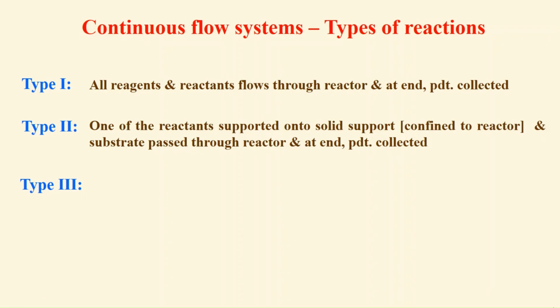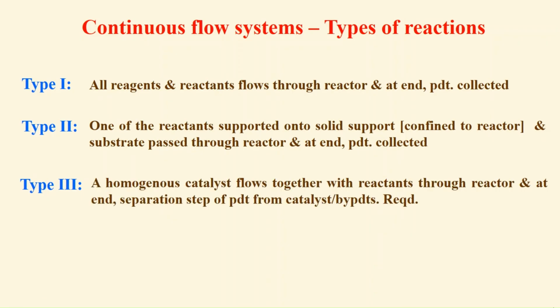The type 3 is the reaction in which a homogeneous catalyst flows together with the reactants through the reactor, and at the end the separation of the product from the catalyst and the byproducts is done, and then the product is taken out.